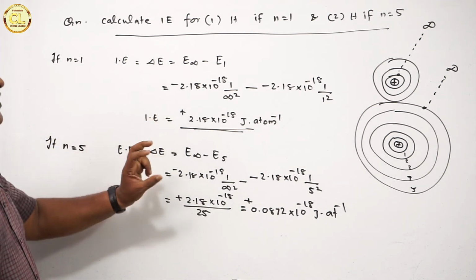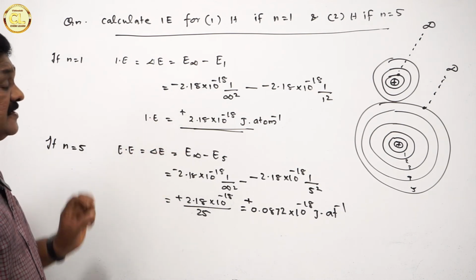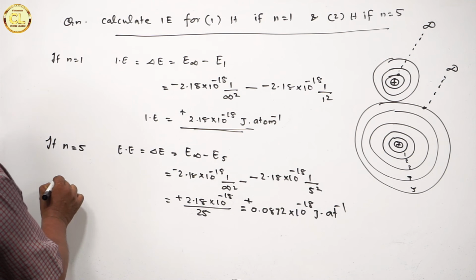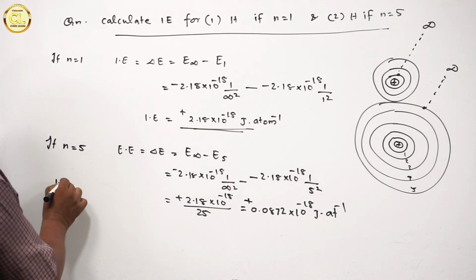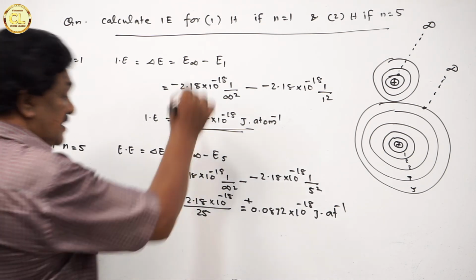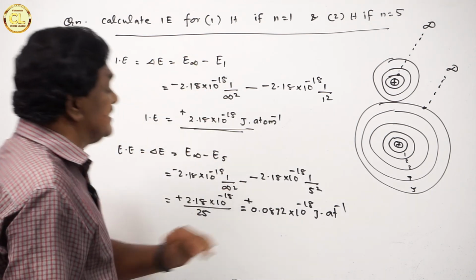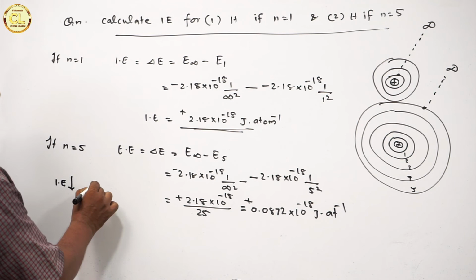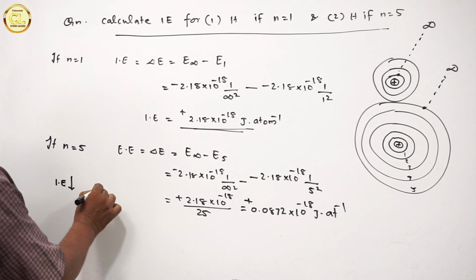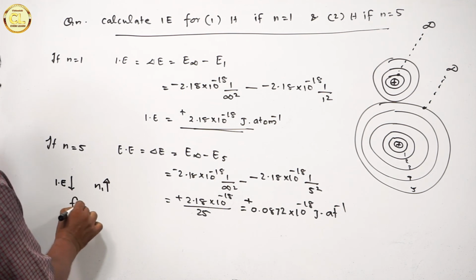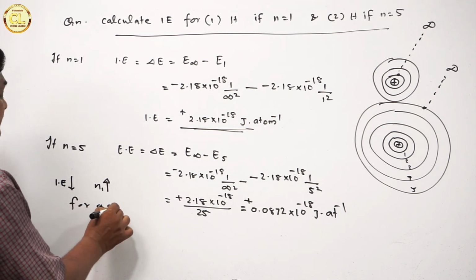From these values we can attain a generalization. That is, the ionization enthalpy or energy value decreases with the increase in n value for a given species.